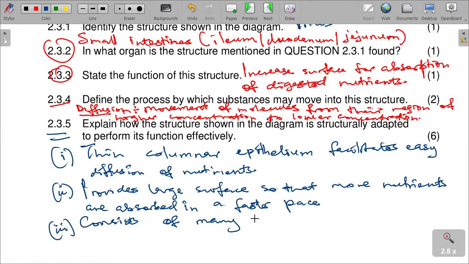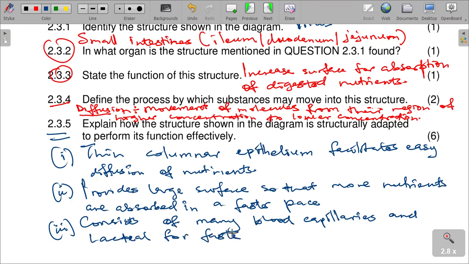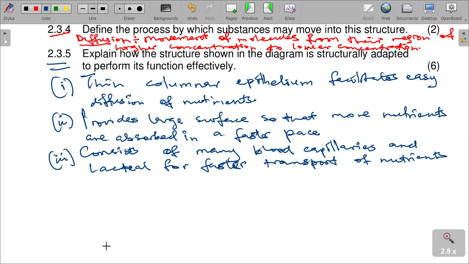It consists of many blood capillaries for faster transport of nutrients away from the what? From the site of absorption.